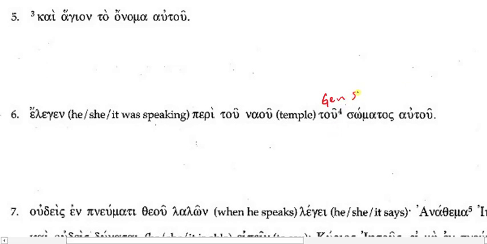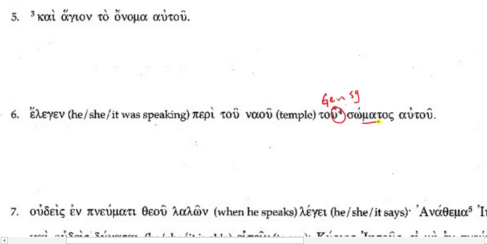Good. Can we tell based on this form whether it's masculine or neuter? No. Masculine and neuter in the genitive are the same, aren't they? So I can't tell yet, but I can look at whatever noun this article goes with, and it's sōmatos. What gender is sōmatos?